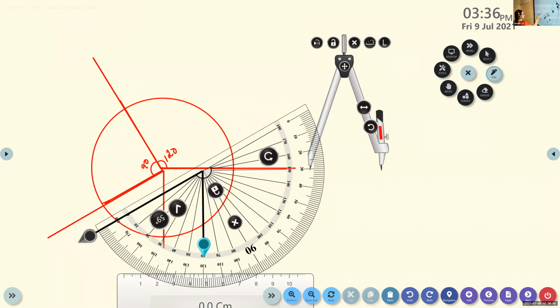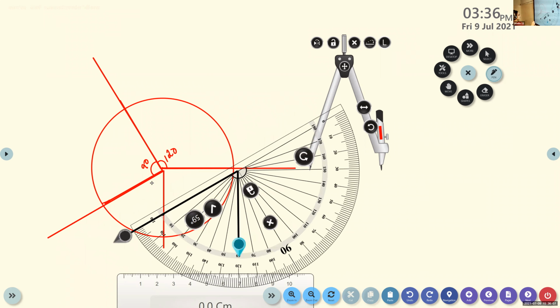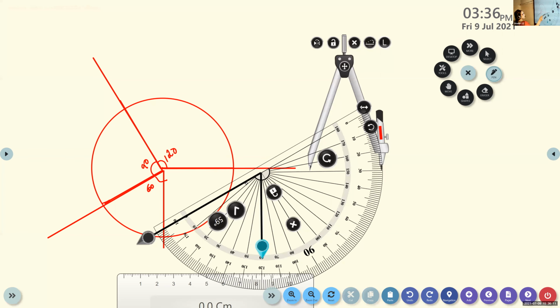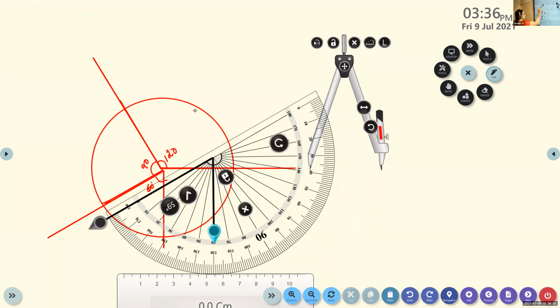This is 60 degree. Next is also 60 degree. From that radius we can start.